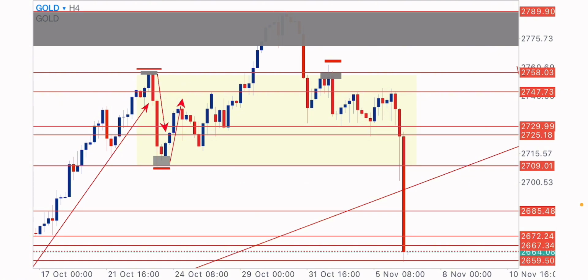So our horizontal lines are there to help give us confirmation that there's a possibility that the market might move in this direction, and that there's a possibility that our trades can be profitable, right?